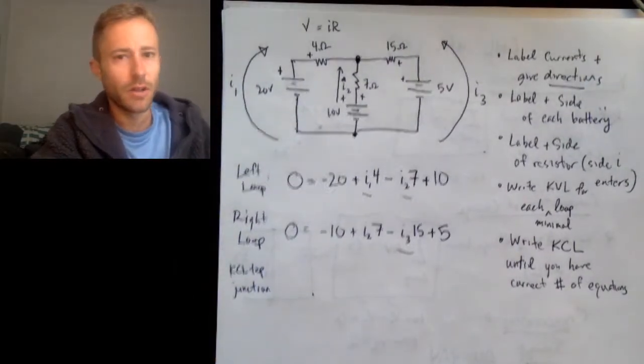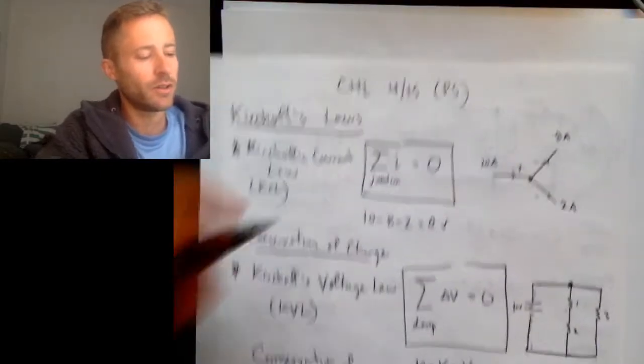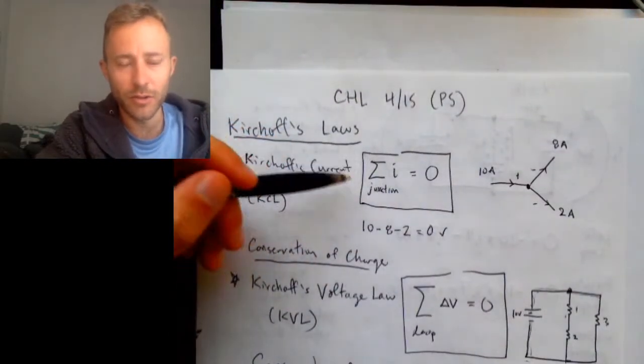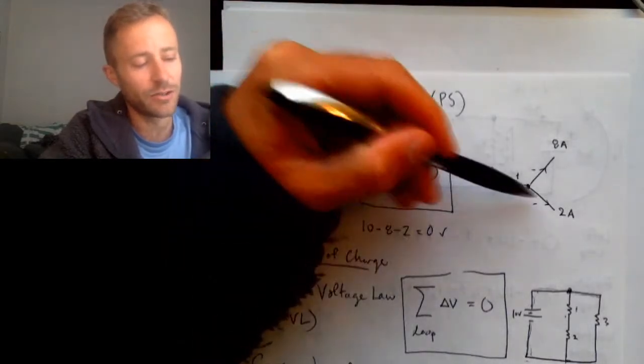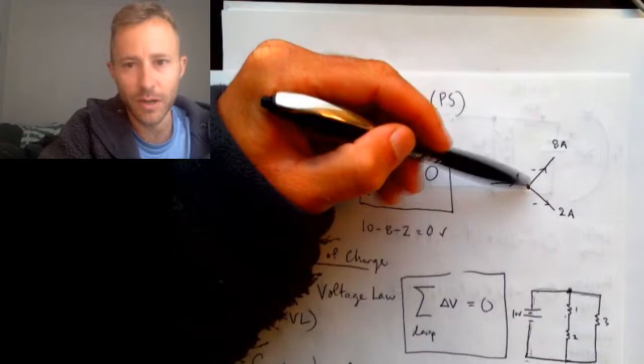KCL top junction. So remember, KCL says that the sum of the currents going into the junction is 0. So we can just say that if it's going into the junction, it's positive. If it's going out, it's negative. Okay.